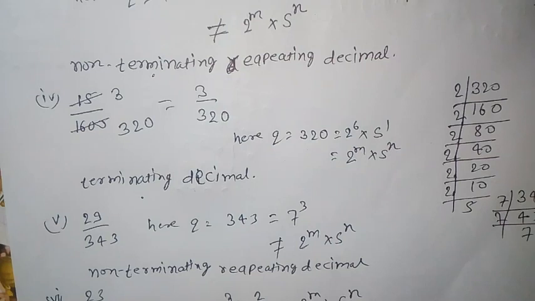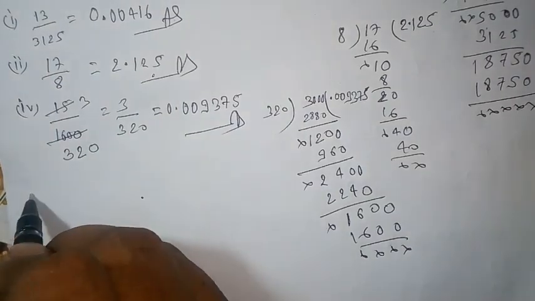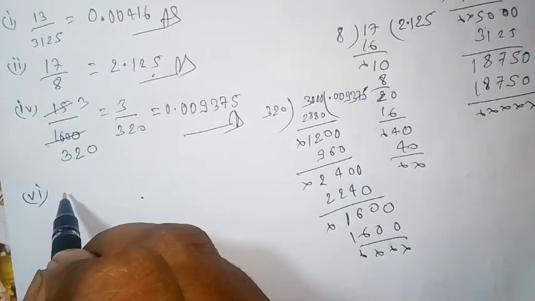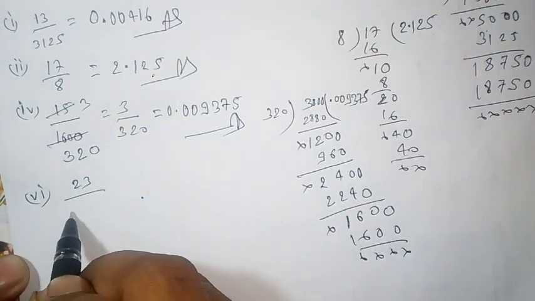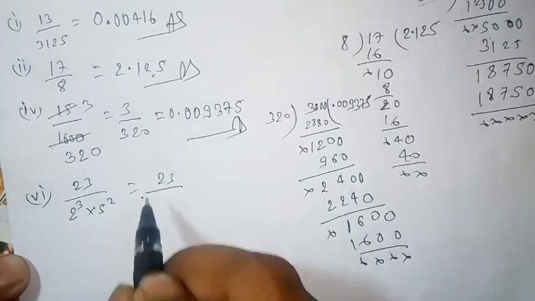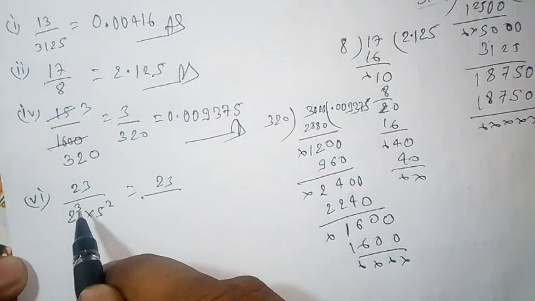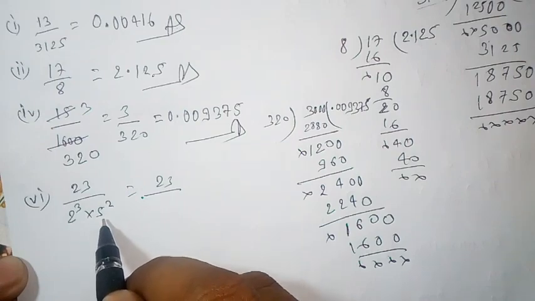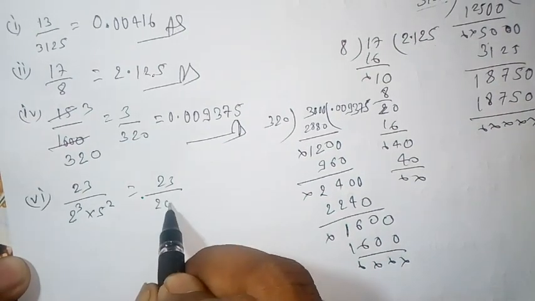Question 5 has a non-terminating decimal, and 6 also has a terminating decimal. Question 6: 23 by 2 to the power 3 into 5 to the power 2, which is equal to 23 by 8 times 25, which is 200.